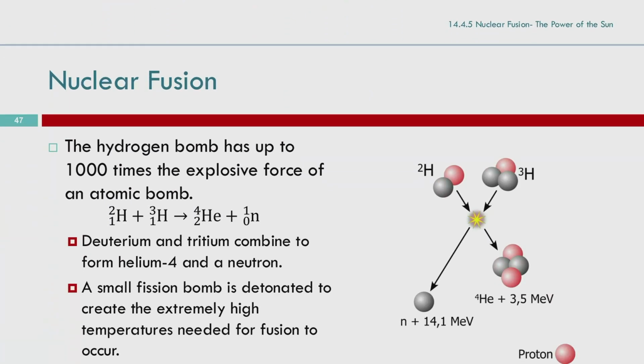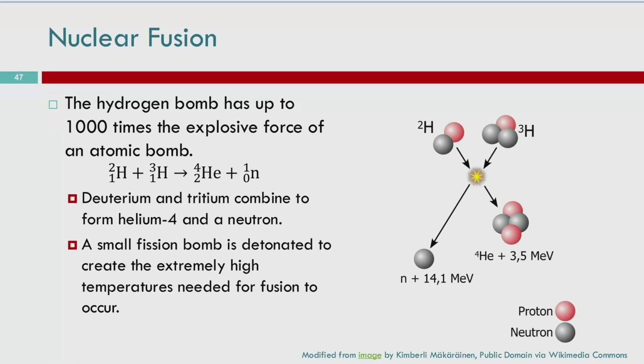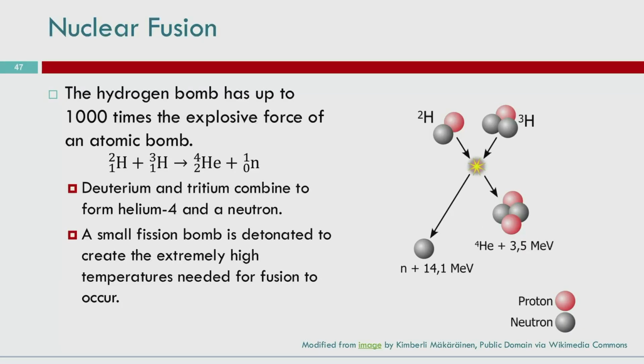This has some advantages. One of them is that it's got 1,000 times more the explosive force. If you like war, then that's great for that. But it also means that there's even more energy that's produced by nuclear fusion versus fission. So there's way more possibility for power output.